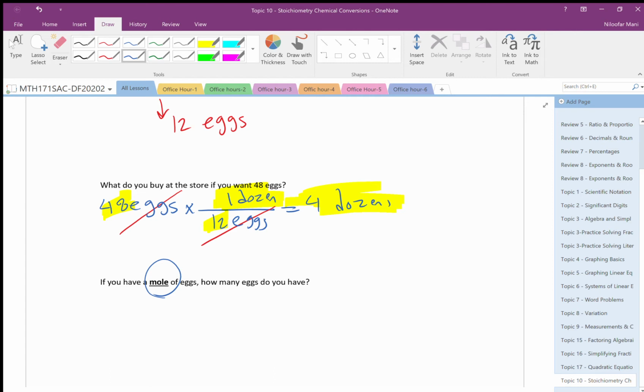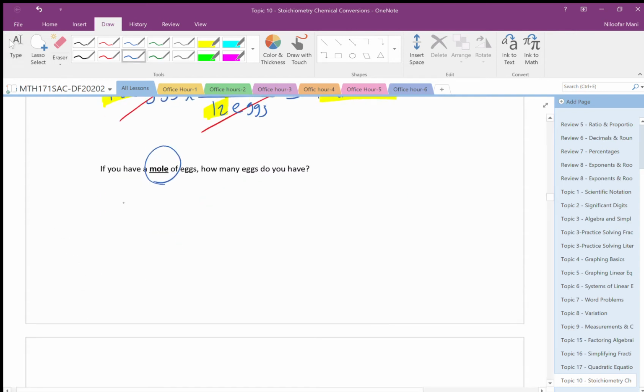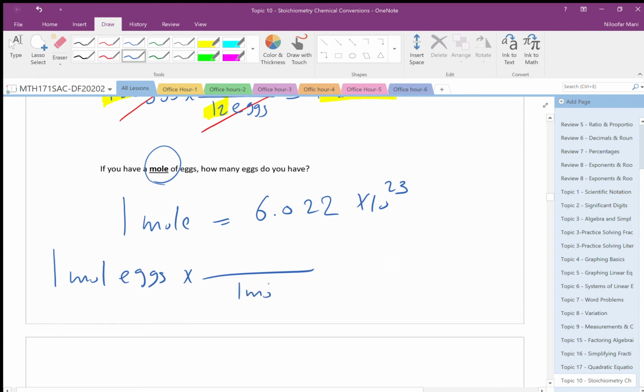Nice. So then I say, if you have a mole of eggs, how many eggs do you have? And you say, what do you mean by mole? I can tell you 1 mole is 6.022 times 10 to the power 23. So 1 mole of eggs times 6.022 times 10 to the power 23, and then this and this cancel.